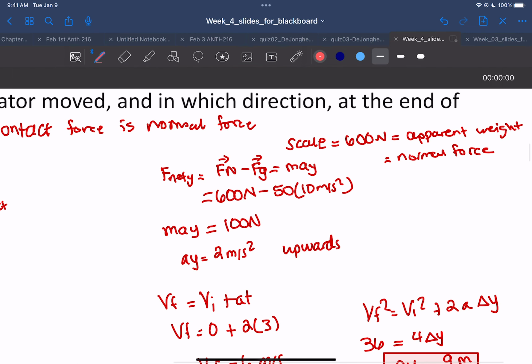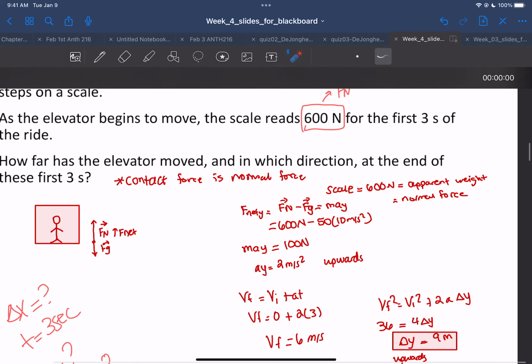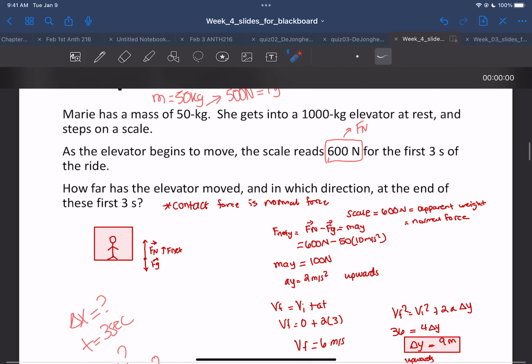So if we were to write a net force equation, Fn minus Fg is equal to may, right? Then we can see that the 600 newtons is our normal force. Here's the 500 newtons for your gravity or weight, and that gives us 100 newtons as the net force, right? And we know then the acceleration has to be positive, right?